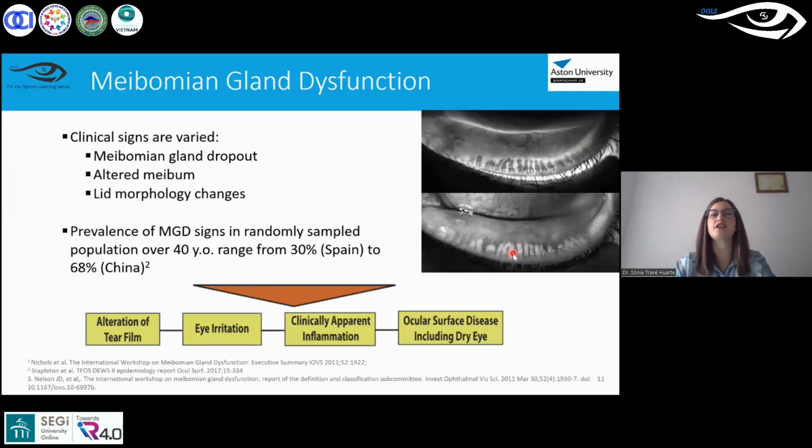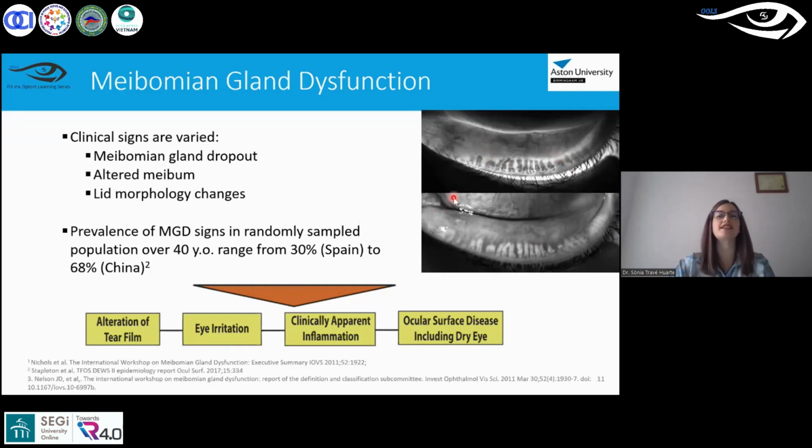So clinical signs are quite varied, because there are patients who may not feel much. There are patients who might feel something in the eye like grit, and every patient feels different sensations, such as irritation. But what we see is that we could have some dropout of the meibomian glands, as we see here in the images. So altered consistency of the oils and also some lid changes.